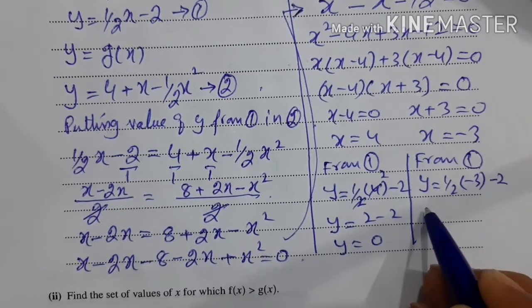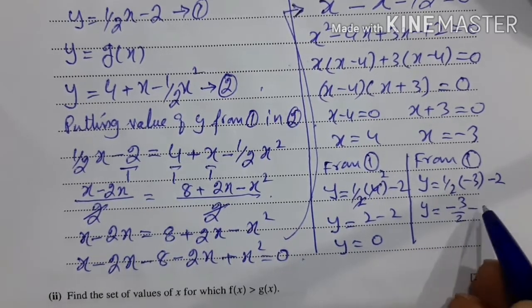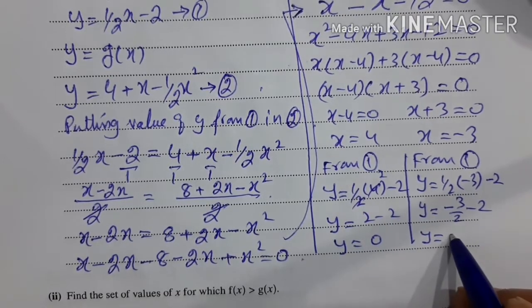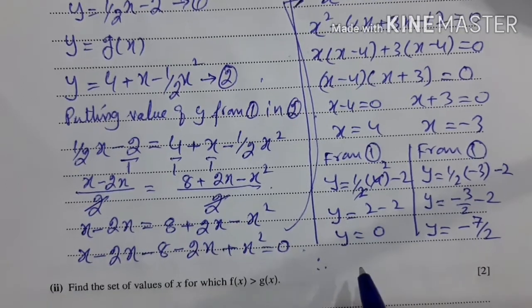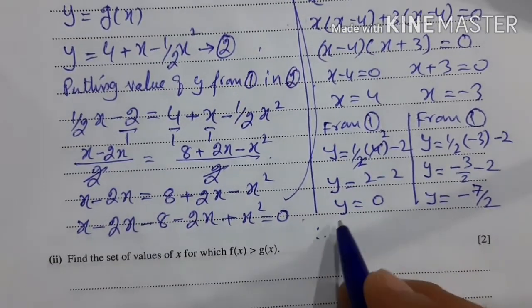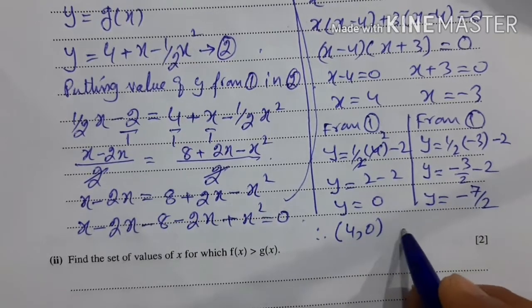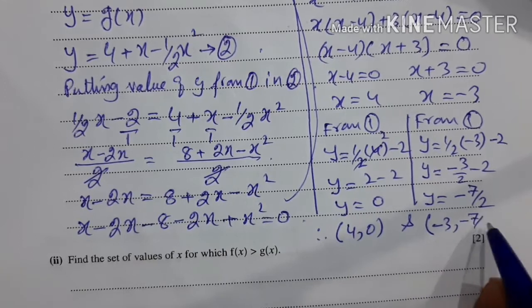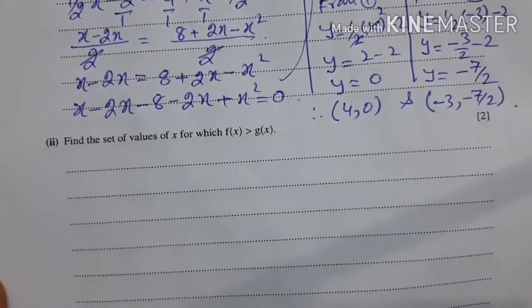So this will become y is equal to minus 3 by 2 minus 2. So after taking LCM, it will be minus 7 over 2. So therefore there will be two points of intersection, (4, 0) and (minus 3, minus 7 over 2). So these are the 2 points of intersection. Okay.